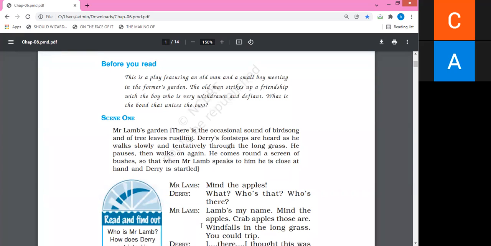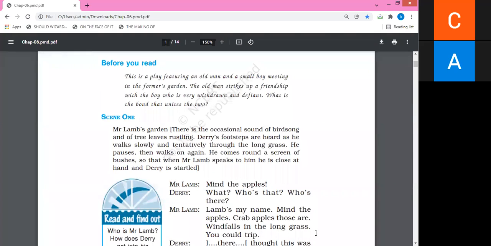I think it is very clear, there is no doubt in that. So here, Mr. Lamb wanted to give guidance to Derry. What was the guidance? To highlight that he could trip. Trip here means fall. Very clear, there is no doubt in that.